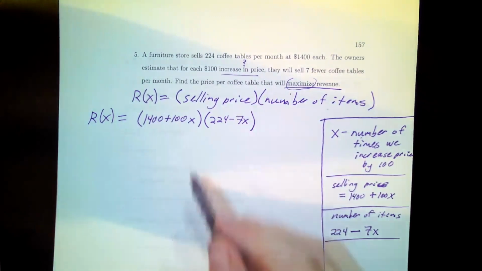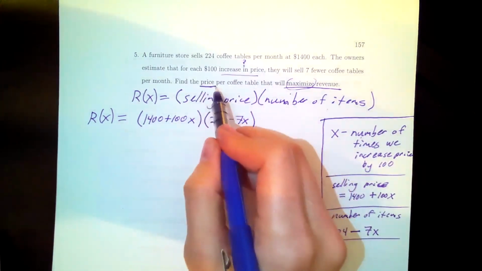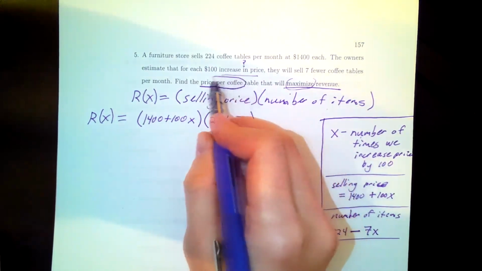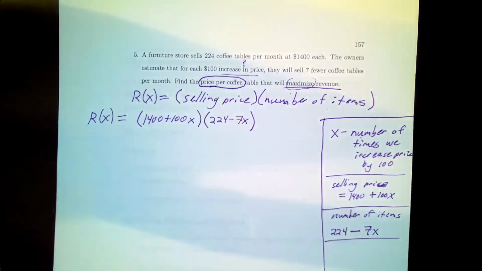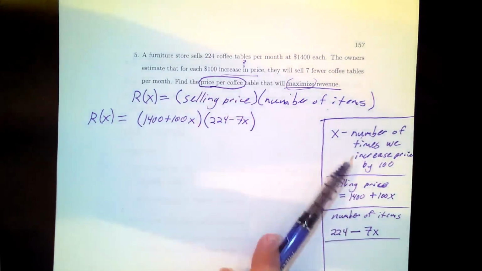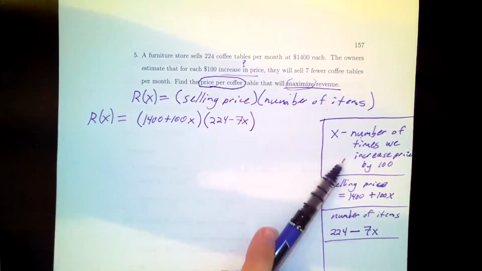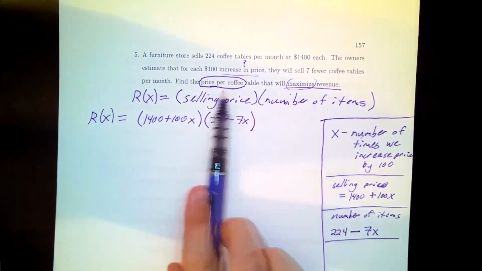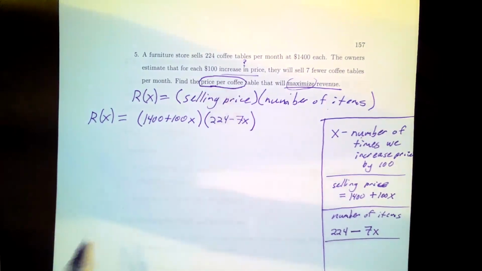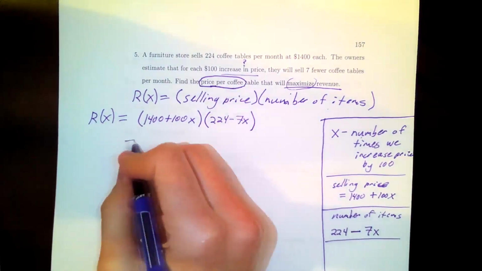What do they want me to find? The price, the magic number on that coffee table that will maximize revenue. x is the number of times we increase the price, so finding how many times we increase the price will let me know the price of my coffee table. So here's my revenue function.